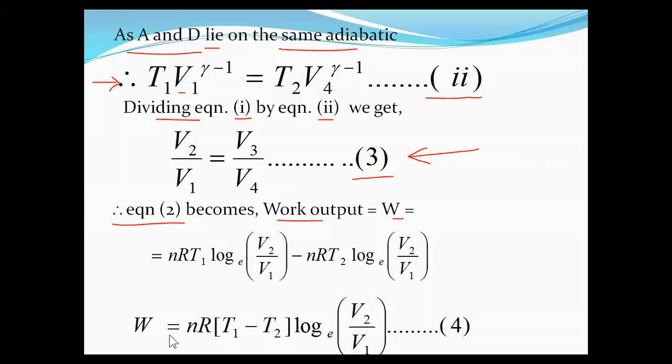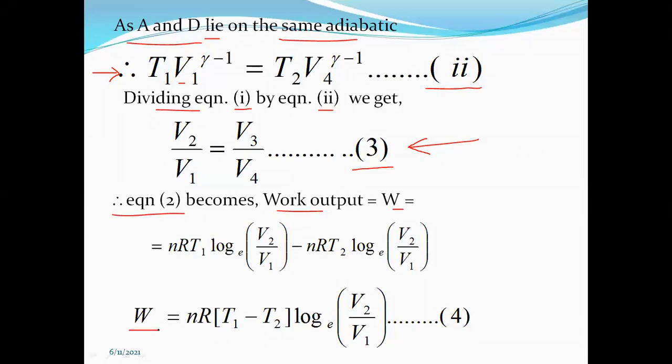So here this W is equal to nR. I can take nR common. So nR (T1 minus T2) log to the base e V2 upon V1. This is the fourth equation.